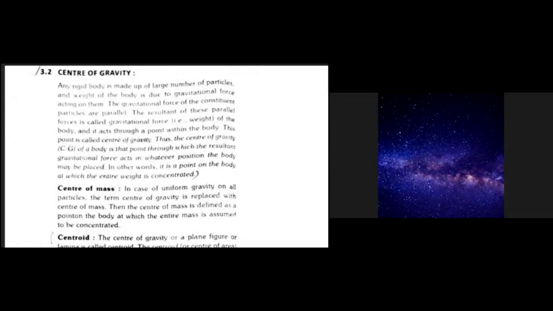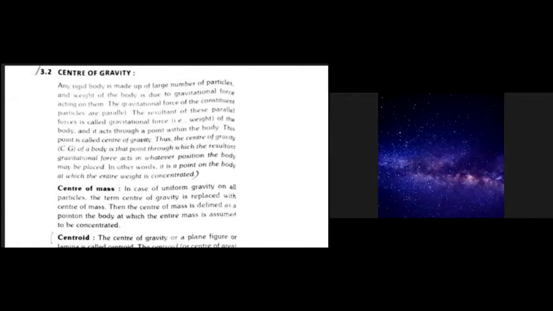Let capital W be the total weight, and this capital W is the resultant force of the individual weights of the particles. This total weight acts at one point. It means the total weight, that is the gravitational force of the total body, passes through one point of the body.